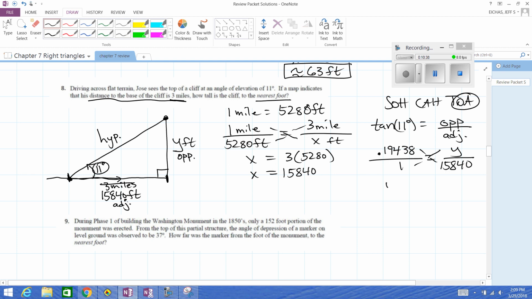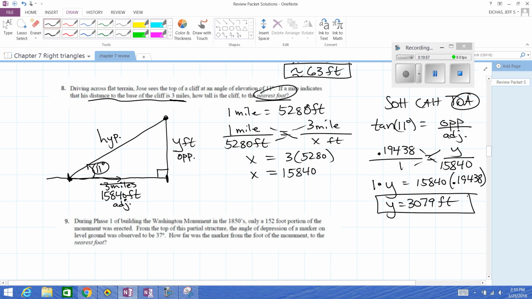Cross multiply, whatever 15,840 times that is. And it does say nearest foot. I get 3,079 feet when I round. So that's it for this one.